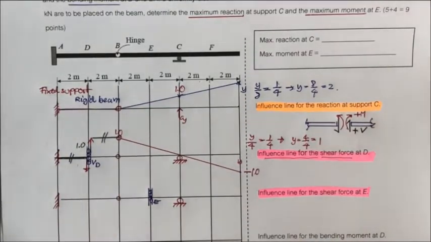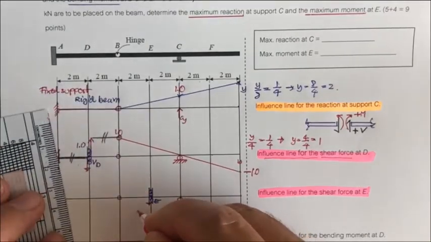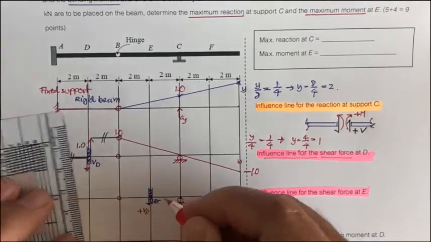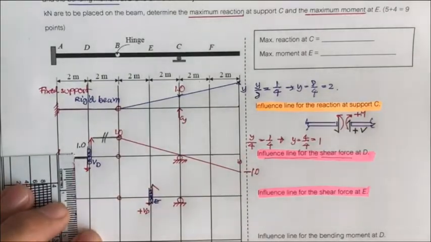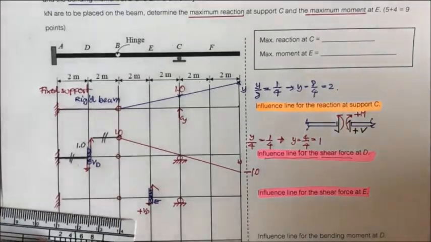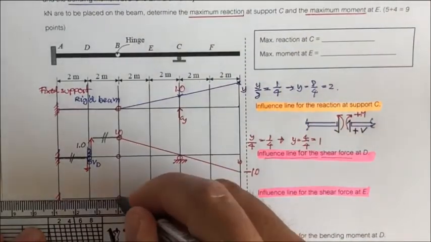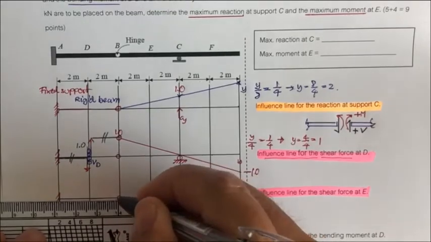And then we want to move this one. We put plus V sub D to act along the guideline, the roller guide. And again the same thing happens. This portion won't move because it's a fixed support and won't rotate.